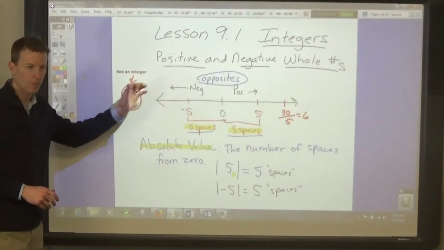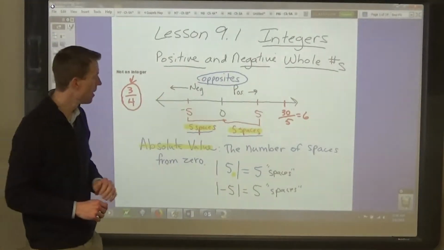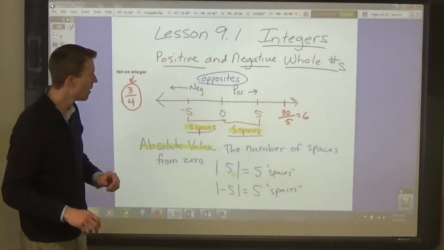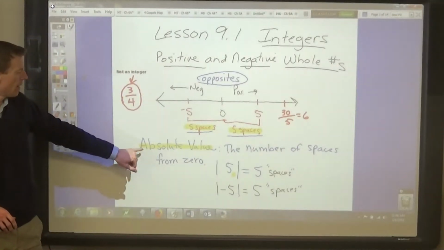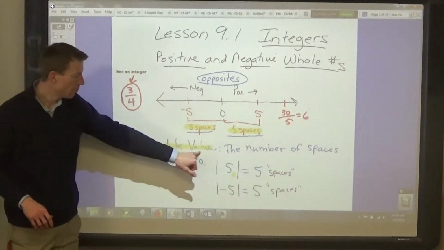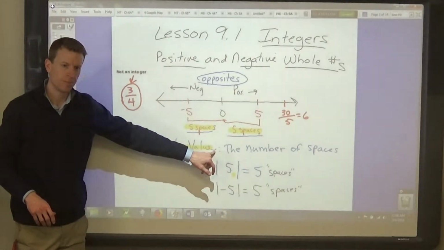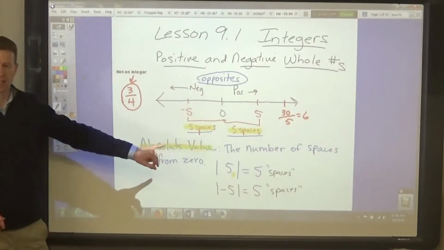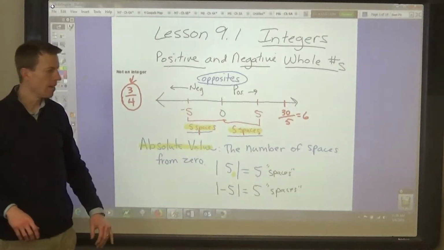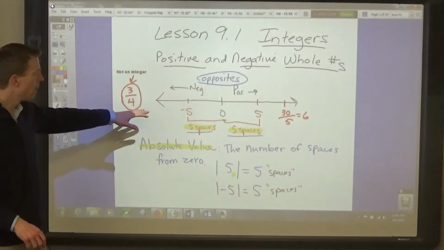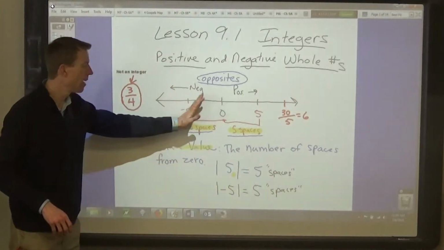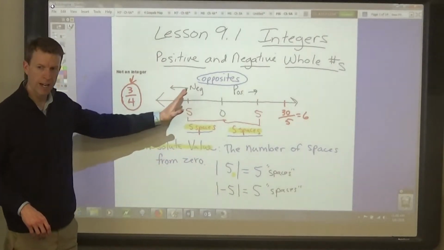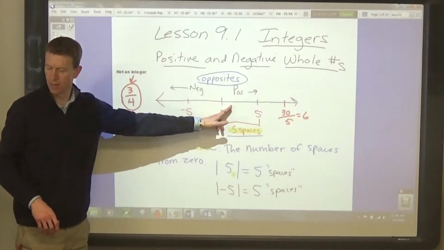Okay. There's also another concept with integers that we're going to learn about in this lesson, and that concept is absolute value. Absolute value is how far a number is away from 0 on the number line.